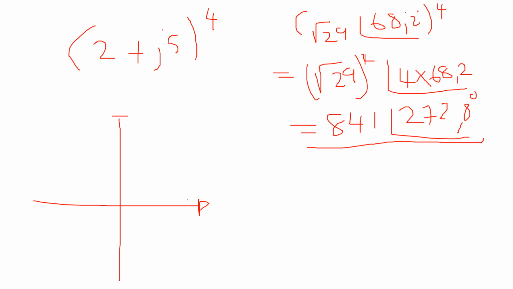Okay. So now the angle is how much? It is 272.8, so which quadrant will it be in? It will be in the fourth quadrant. Remember here is 0, 90, 180, and then this is 270, and this is 360. So our angle is going to be here in the fourth quadrant, and it has a resultant R equal to 841.